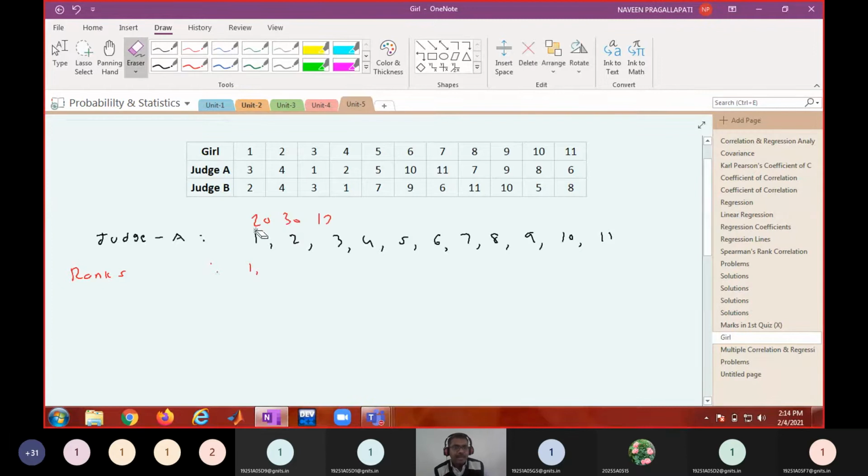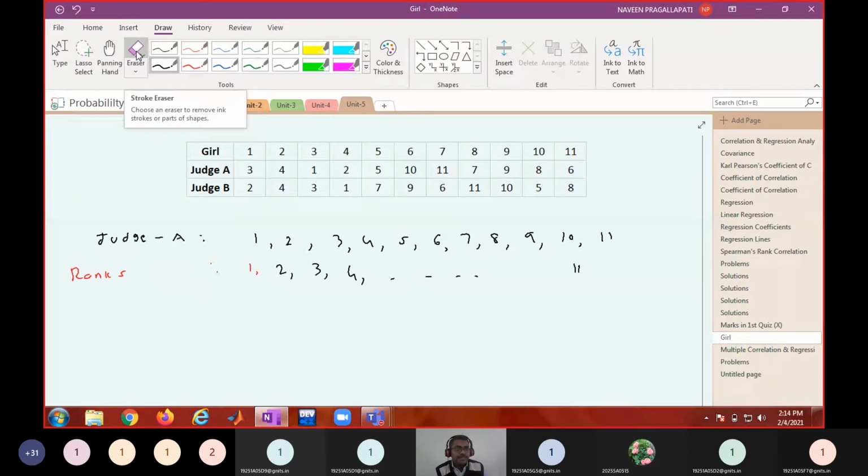Okay. So if you give ranks to these numbers, you will get ranks only. The least number is 1, the next highest is 2, the next is 3, the next is 4, and so on up to 11. So I think there is no need to prepare additional columns for this. It is already given that they are the ranks. If I write a repeated value, then you have to change it.